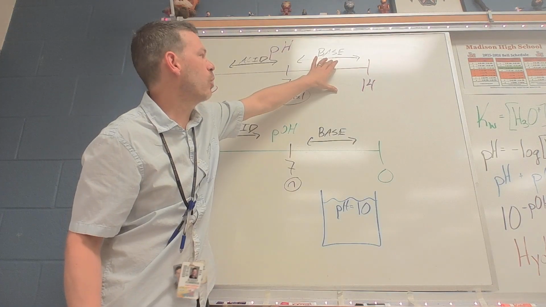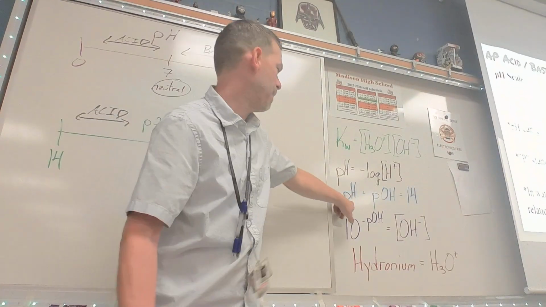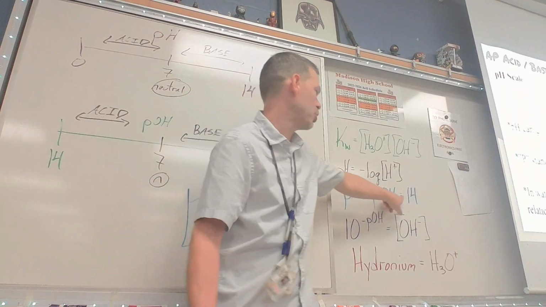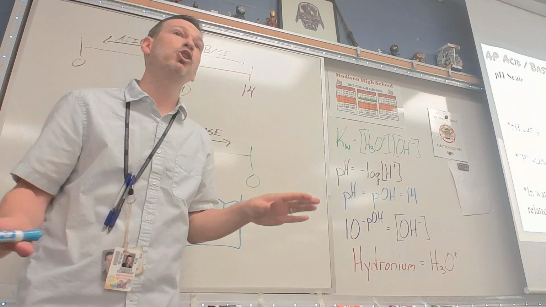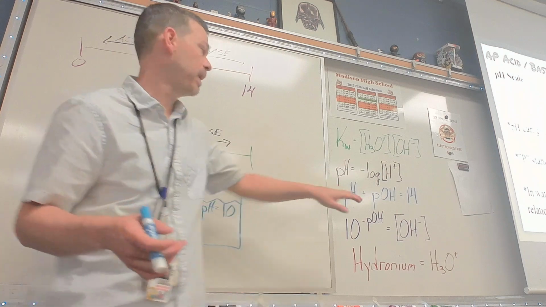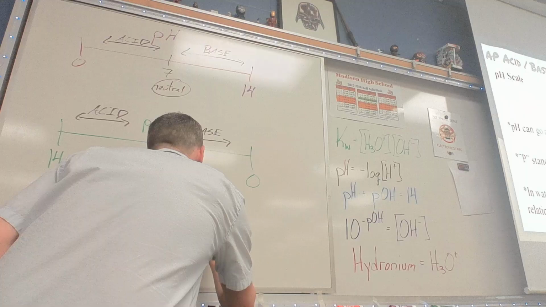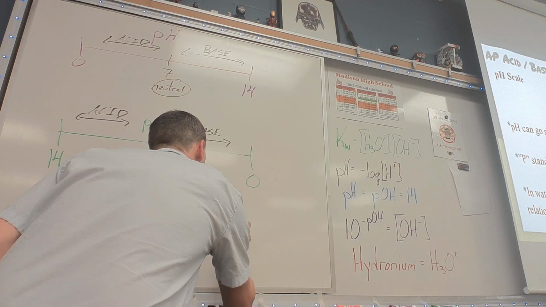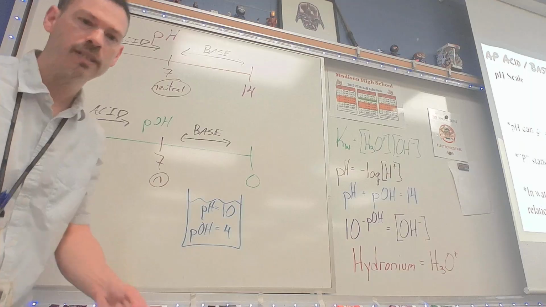The mathematical connection here is the idea that pH plus pOH equals 14, which is written on your screen, but that is always true. pH plus pOH is equal to 14. So what must the pOH be here? 4, because 10 plus 4 is 14.